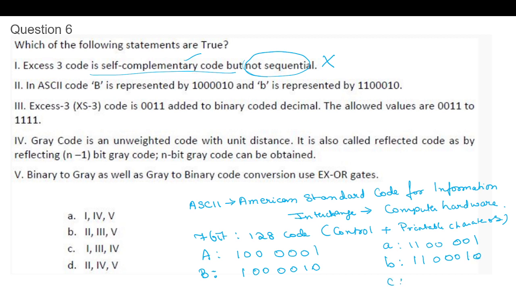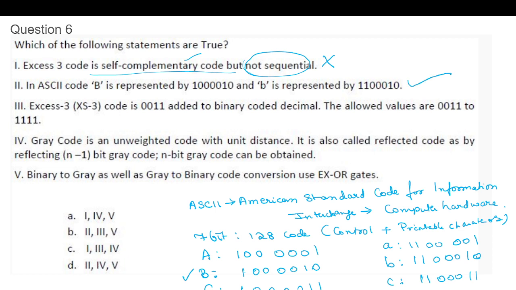Same way if we go for C, it will be 1000011, and small c 1100011. So you can see the value of B is 1000010 and 1100010. So this is correct.